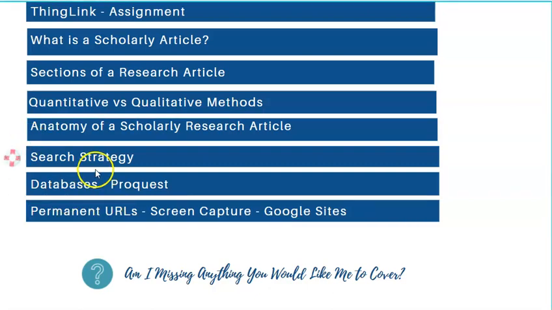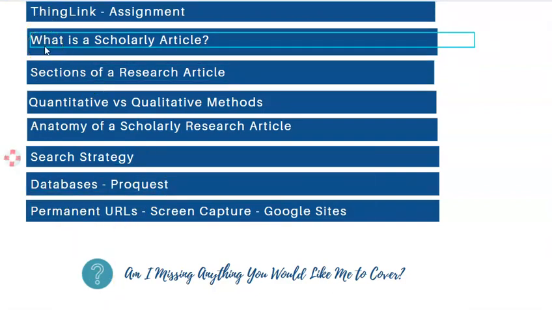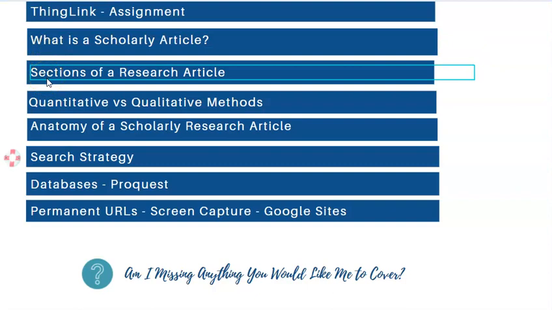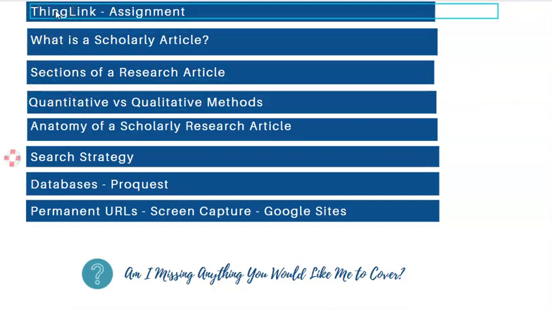I will also talk a little bit about permanent URL, screen capture, and Google Sites, but those videos will be separate and in other places in case you need to understand them. Essentially, what you'll do is find a scholarly article that's a research article that has the sections, specifically a methodology, that you can use to screenshot and add onto the way that ThemeLink does, and I will give you some examples.